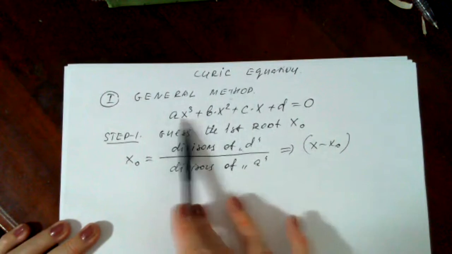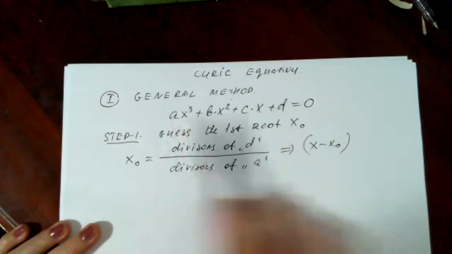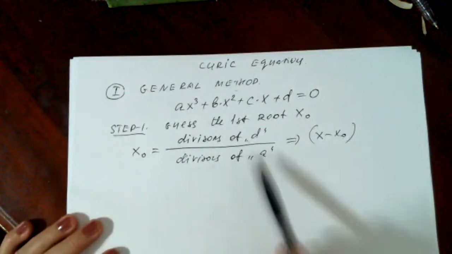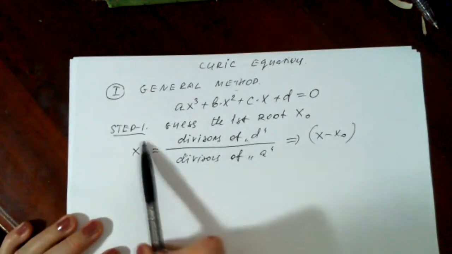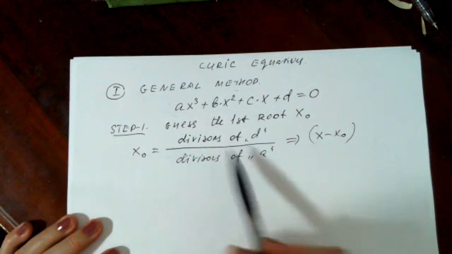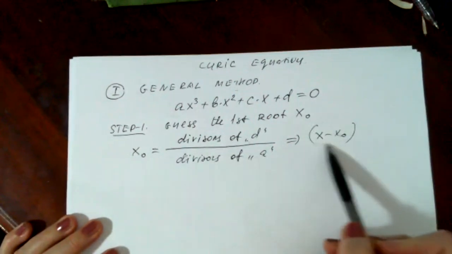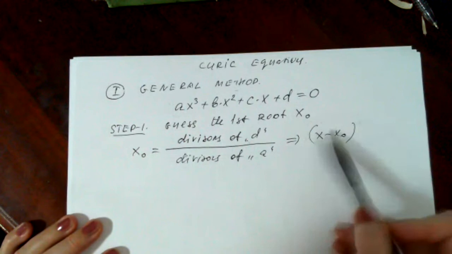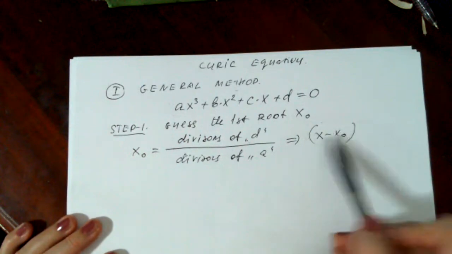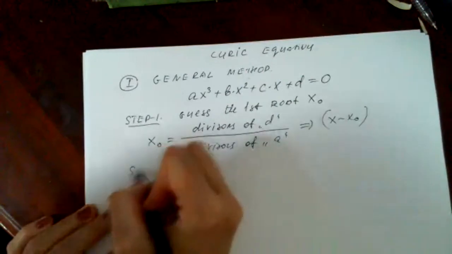We can't find a way of factorizing the left-hand side. That is why we need to apply this algorithm. So if you guessed the first root of this equation, it's equivalent to saying that you guessed one of the terms, which looks like x minus x0, in the factorization.